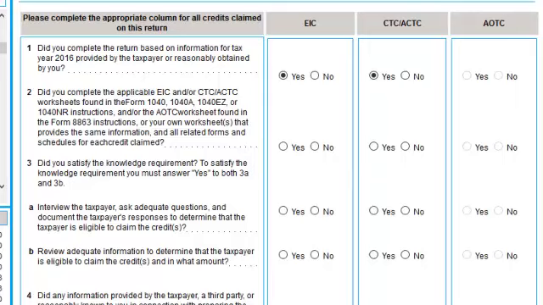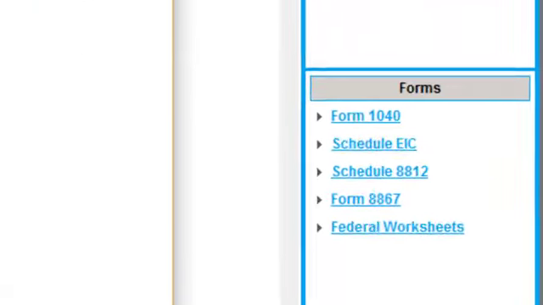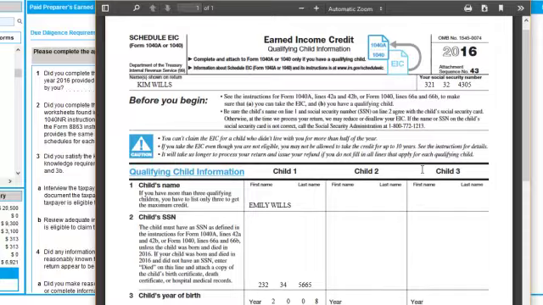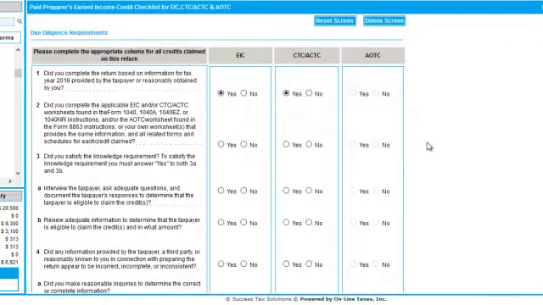As you can see to the bottom right here, earned income credit has already been populated and scheduled for us. Let's just look at it. And you can see it's been populated for us already. Thank you very much. We're going to say yes.